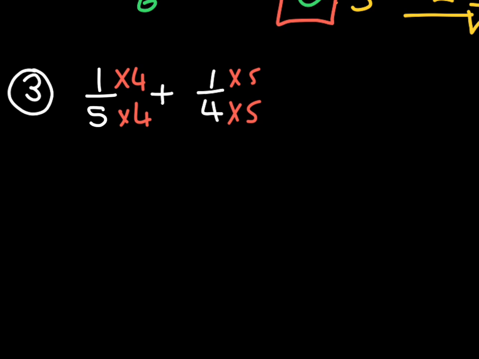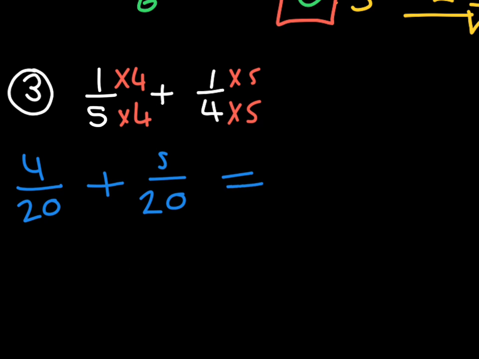Next, we can actually perform the multiplication. So 1 times 4 is 4. 4 times 5 is 20. Plus, now 1 times 5 is 5, and 4 times 5 is once again 20.